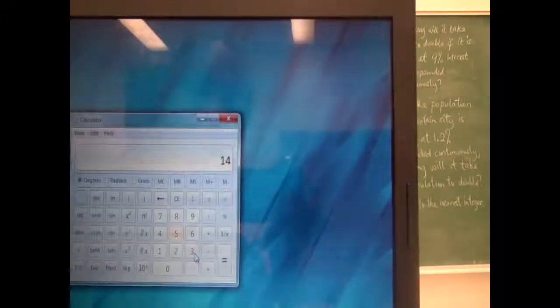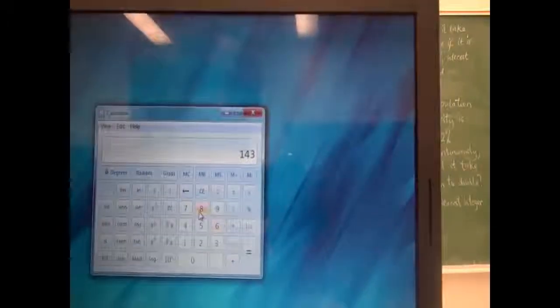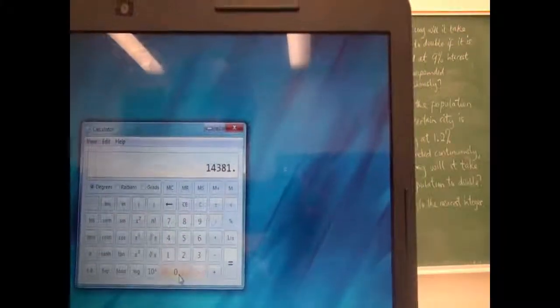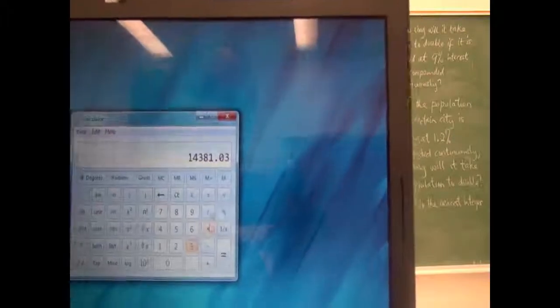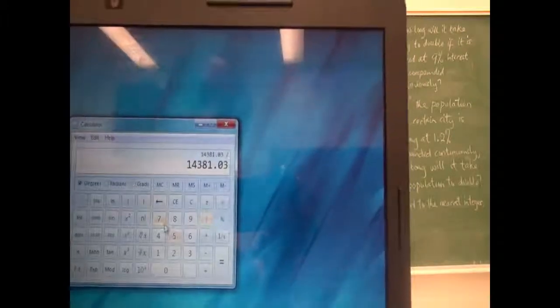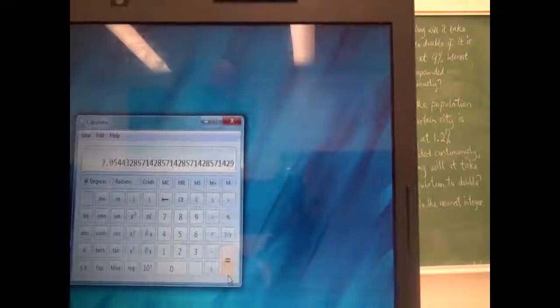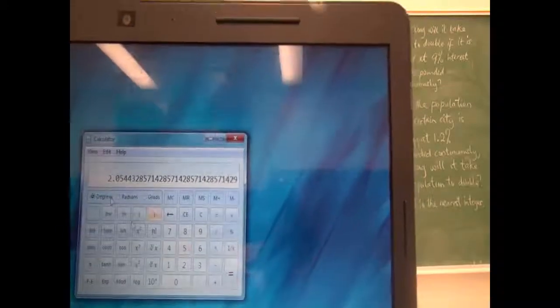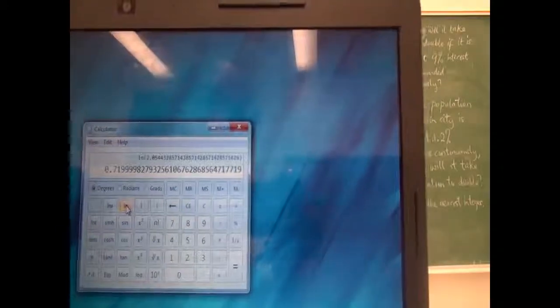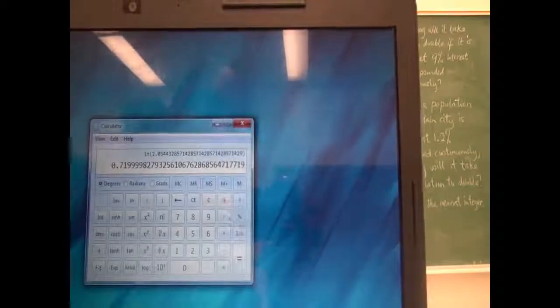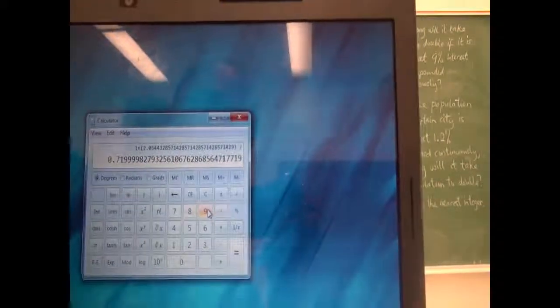So in this case, 14,381.03. It's good to always clear the memory on the calculator anytime you're not using it again. Divided by 7,000. Then you now do the ln. Go ahead and press ln, because with this calculator you press the number before you press ln. When you press ln, it gives you that, and then you do divided by 9.